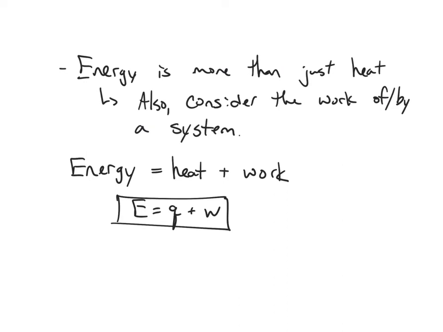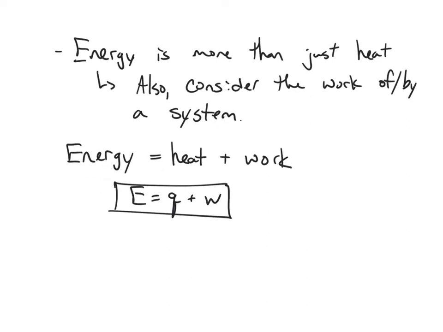Now we'll talk about the mechanics behind the work done by a system or the work done on the system, but it's important to know this formula because it's going to be part of your learning objectives, and it's on your formula sheet of constants and formulas given to you for the test. Energy is the sum of the heat and the work either released or absorbed and or the work done by or on the system. So this is the formula: E, energy, is equal to Q plus W, Q being joules of energy and work also in joules.